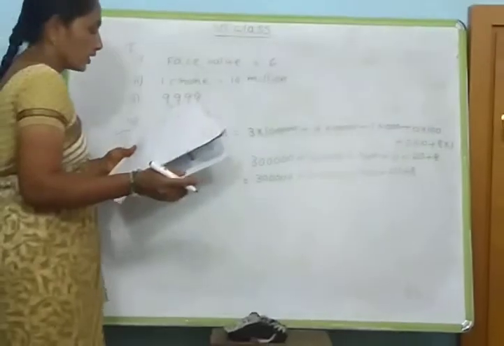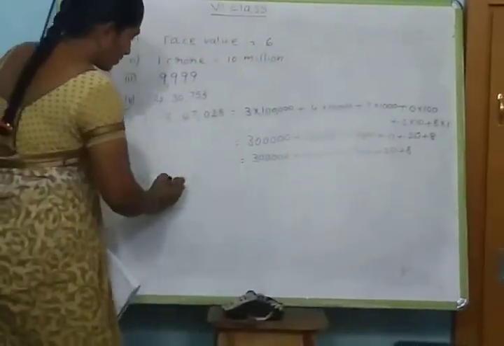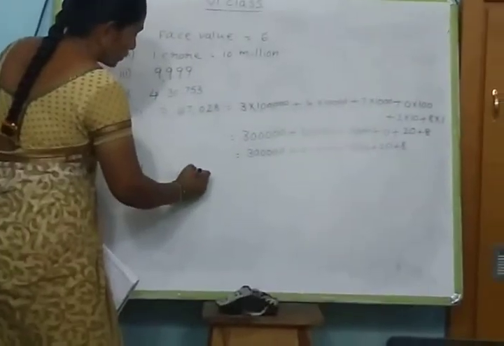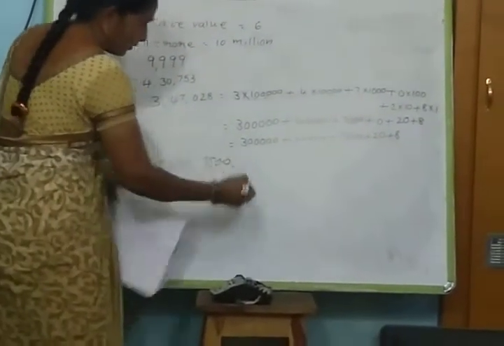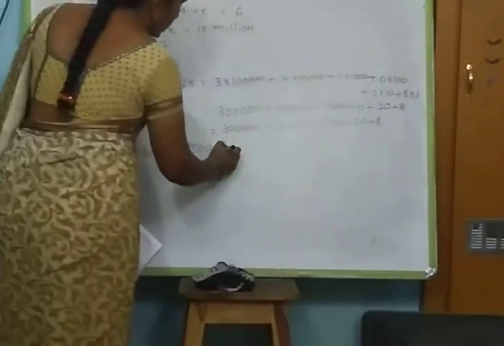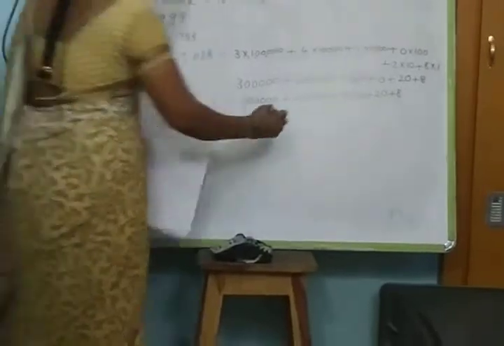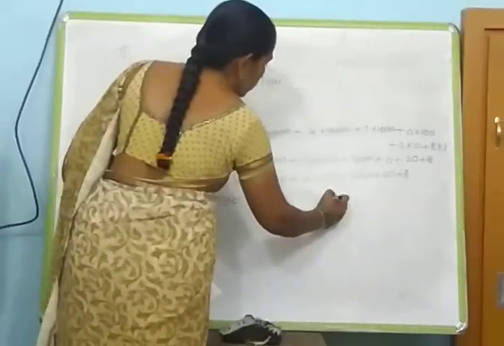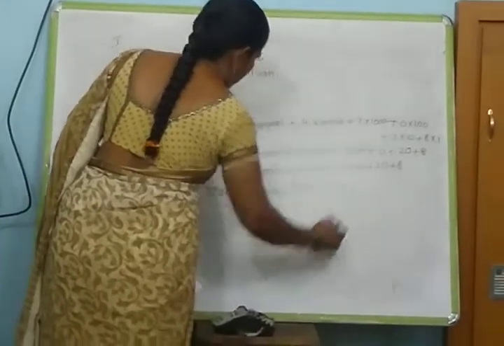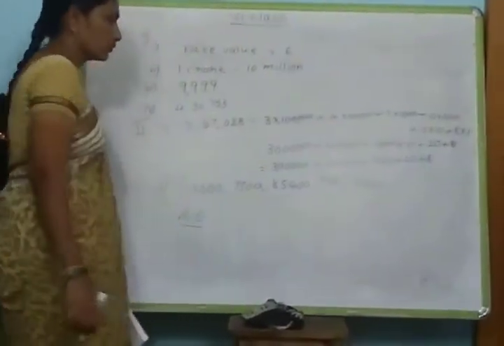Next, arrange in ascending order. Second question, given numbers are 5,000, 7,500, 85,400, 7,861, 4,320. So we have to write in ascending order.